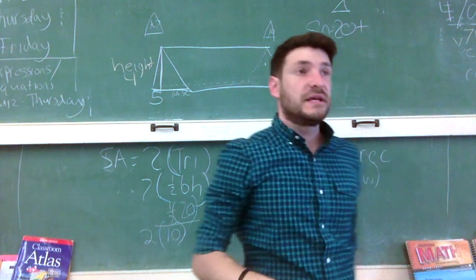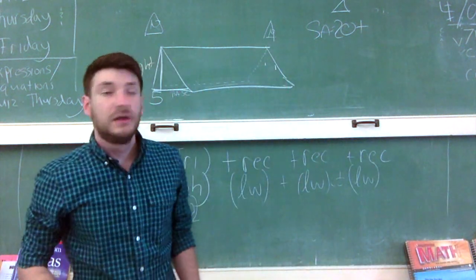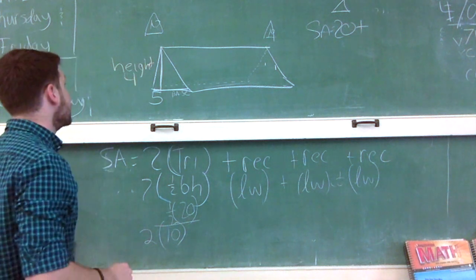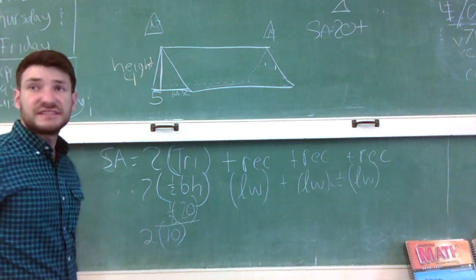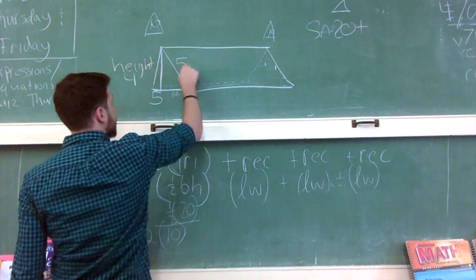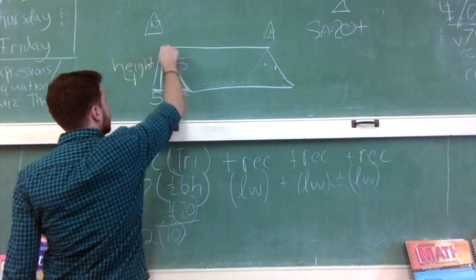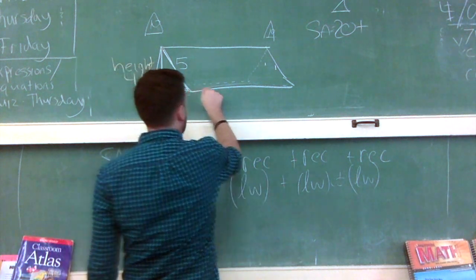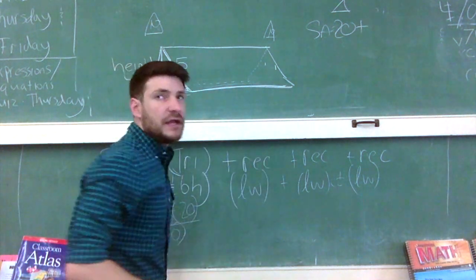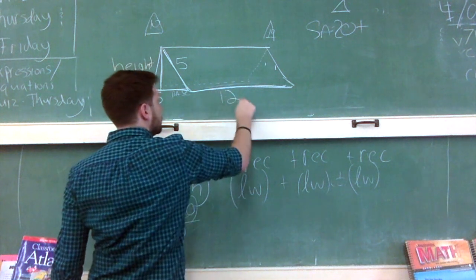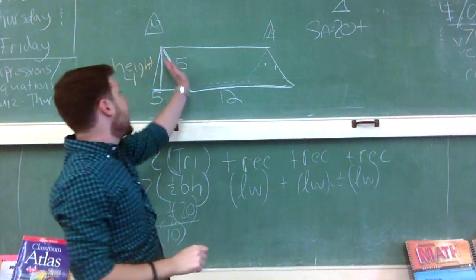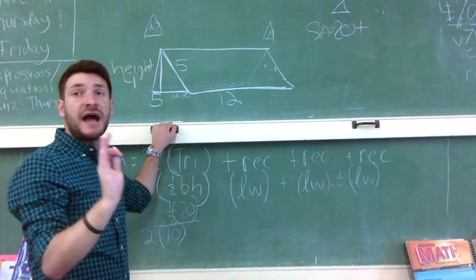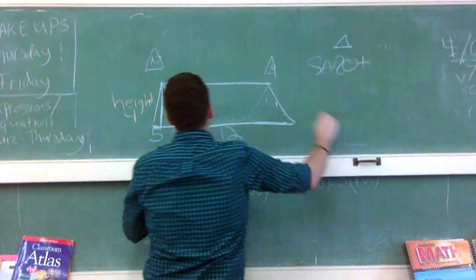Now we've got to figure out the rectangles, and I'm going to give you those measurements as well. So let's go back to this image right here. Looking at this guy, this side right here is also 5, and this line right here is going to be 12 units. So this side is 5, and this side is 12. Let's draw this out flat so you can see it a little bit better.